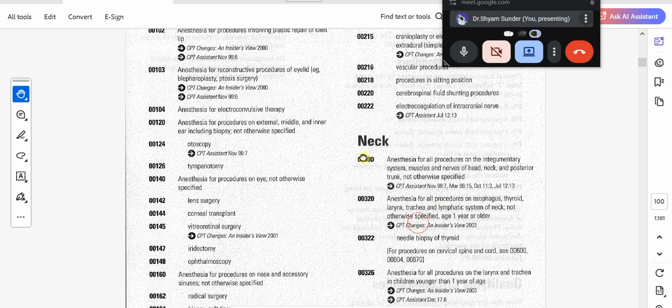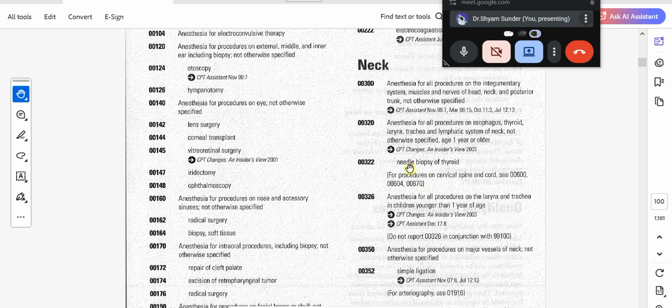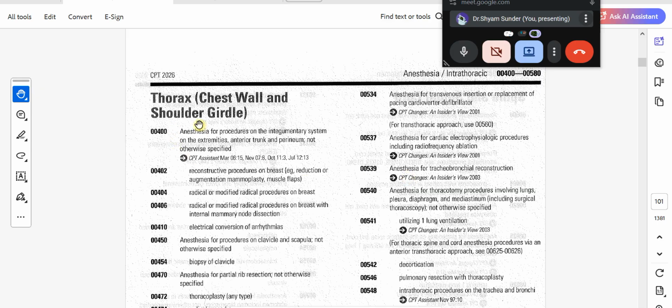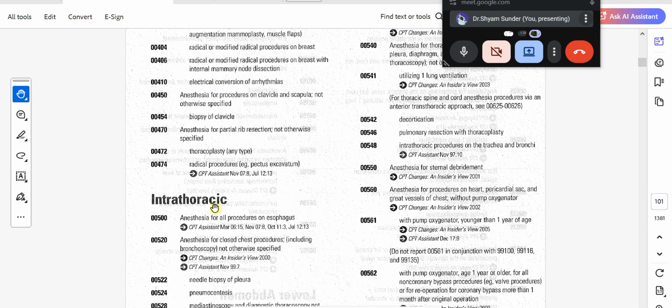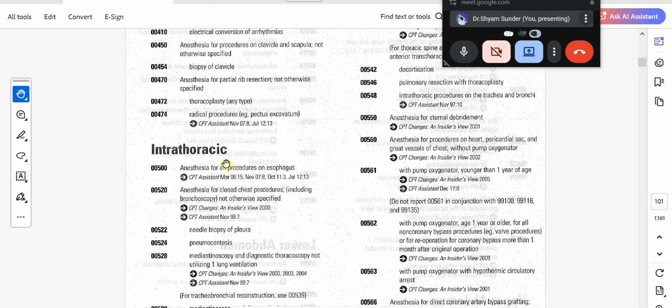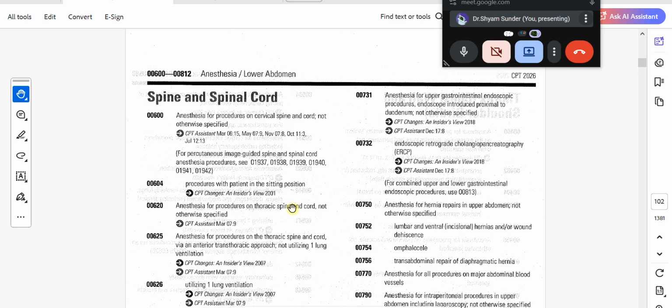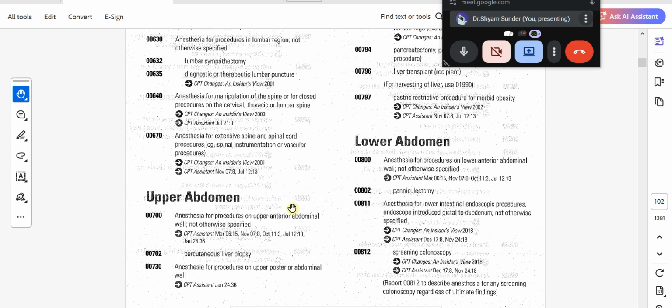And you have procedures on the neck region, then surgeries on thorax, meaning chest region, intrathoracic, like lungs, heart procedures, spinal cord, abdomen, upper abdomen, lower abdomen. What are the upper abdomen organs, lower abdomen organs?